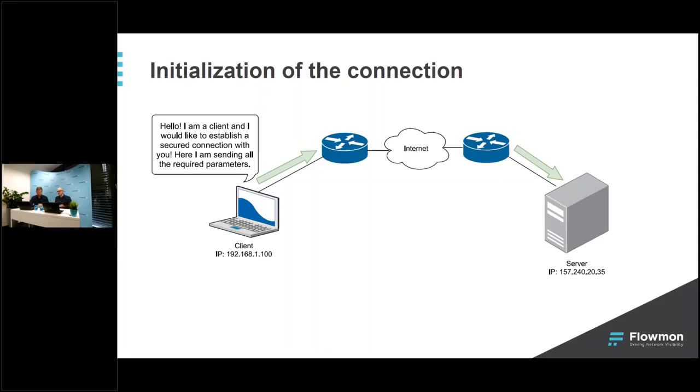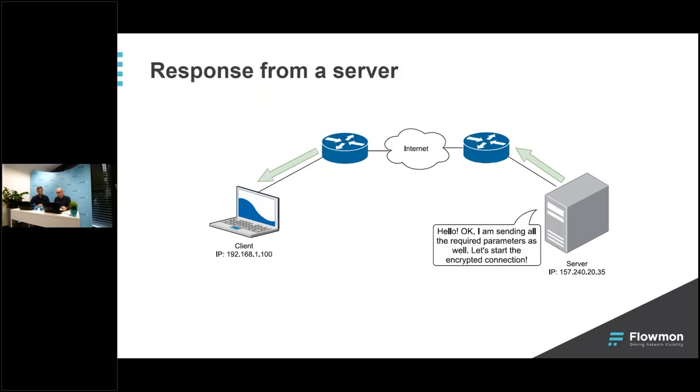The connection is usually initiated by the client, and the client sends some kind of packet to the server, saying something like, "Hello, I need to establish an encrypted connection." Then the server responds with another packet. They exchange some packets with parameters that are necessary to negotiate the encrypted session.